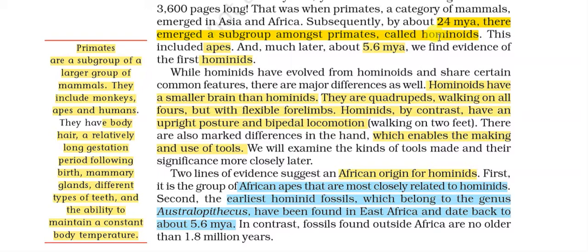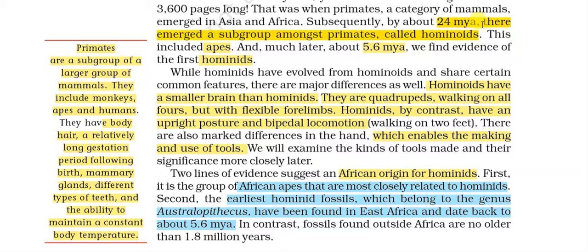Under primates are hominoids, the first step of human evolution. Under hominoids, then you will write hominids. This is the flowchart that you will have to understand. This is how human evolution has taken place. Larger group is mammal, subgroup is primate. Within that subgroup are hominoids, and after hominoids come hominids.